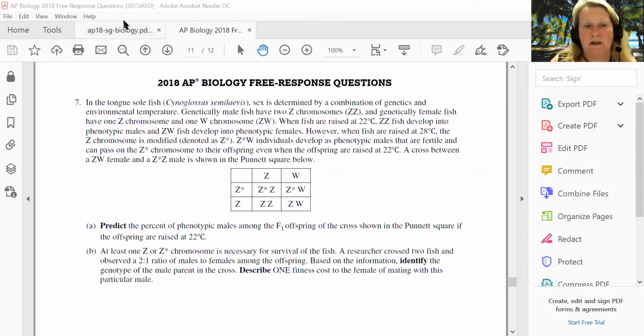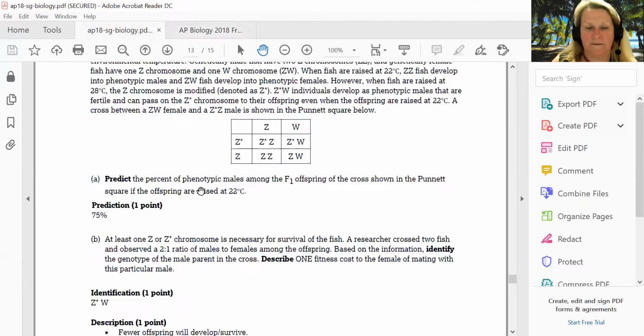So let's take a look at the scoring guide for this question. A was pretty straightforward. Once you understood that Z0W was male, you would know there'd be 3 males, 1 female, and the percent of phenotypic males would be 75%.